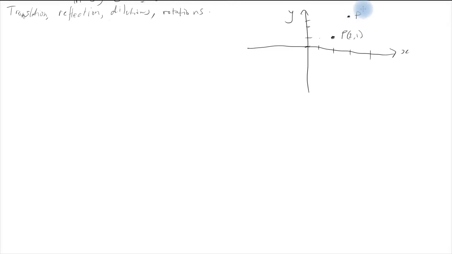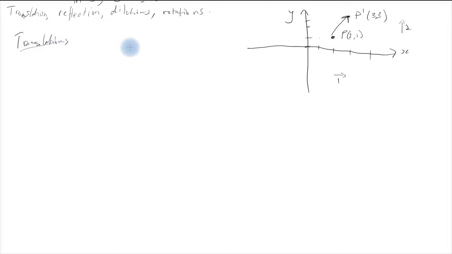So I'm going to call it P dash now, for 3, 3. So I moved this point to there. They're not 2 points, it's the one point that's been moved. That's why it's P and P dash, the moved point. So what's happened is we've moved this way 1, to get from 2 to 3, and we've moved up 2. So we've moved to the right 1, and we've moved up 2. So what we've done is some translation. So we're going to start with translations.